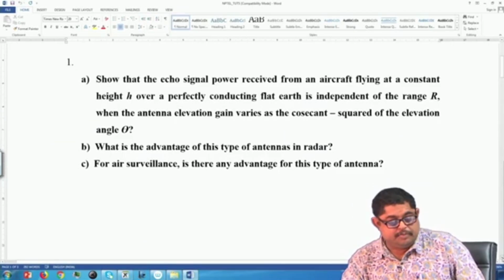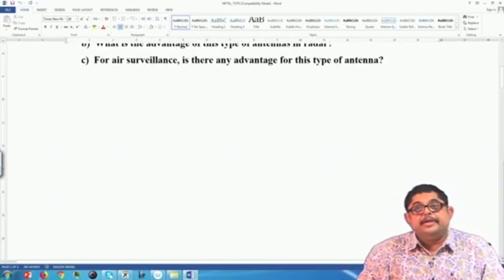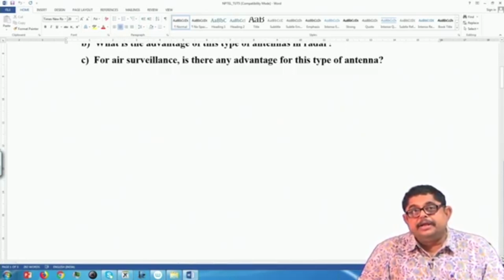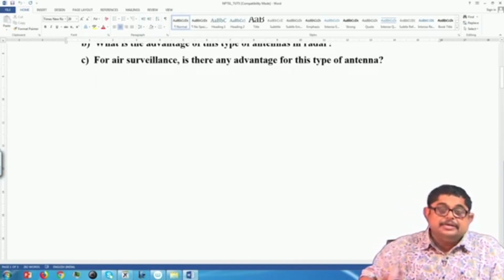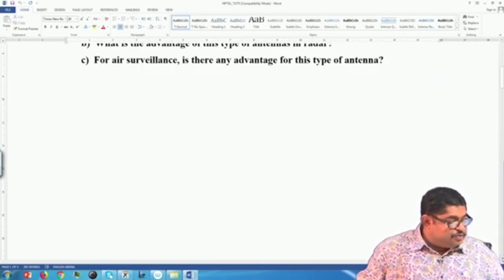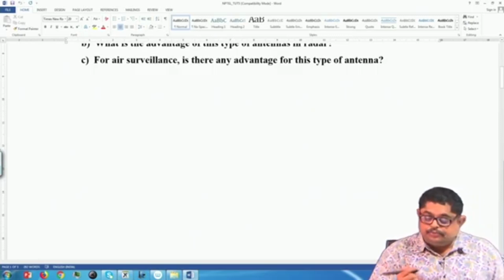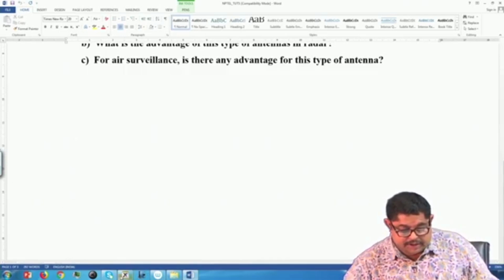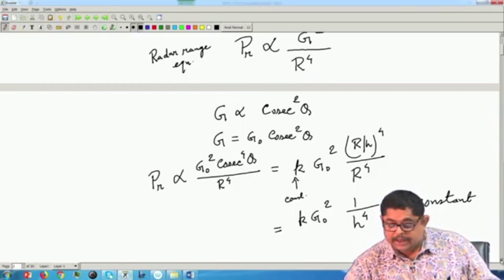The genesis of this came when we went to visit the Salua radar, near IIT Kharagpur, and suddenly one student asked this question, and from there the students also understood what the benefit of this is. So, let us discuss that, it is very important for air surveillance.